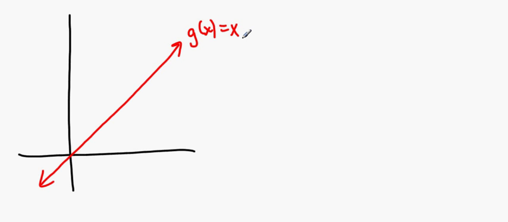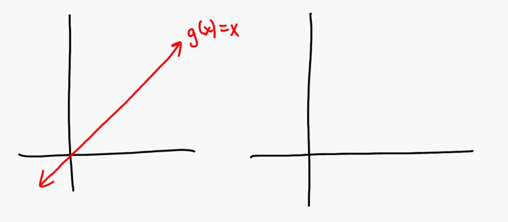Consider the following. What if I have the function g of x is x? And I have some other function over here that says capital G of x is the integral from 1 to x of g of t dt.